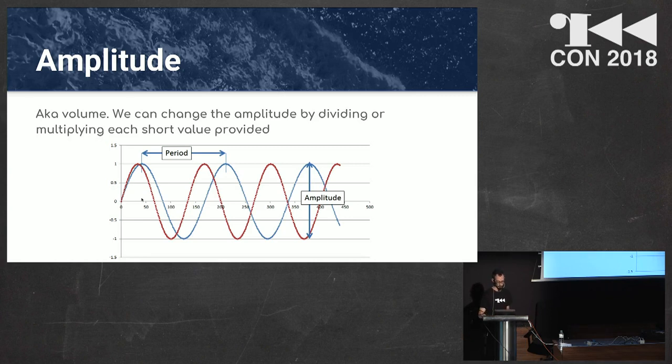And the taller the wave is, the louder it will sound. So it will be a stronger sound or not that strong. And the frequency is the distance between peaks. So if the tops of the wave are very close, it will be a high pitch. And if they're very separated, it's a low pitch. So it's like a bass.